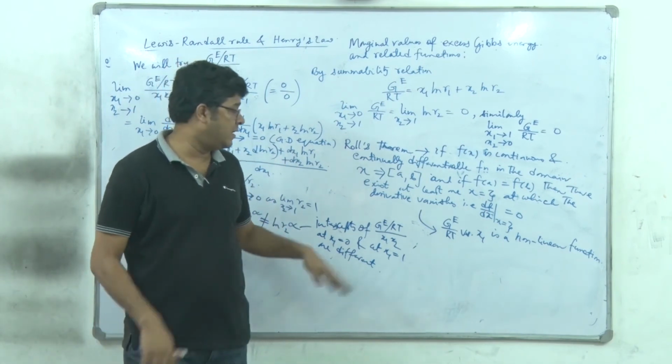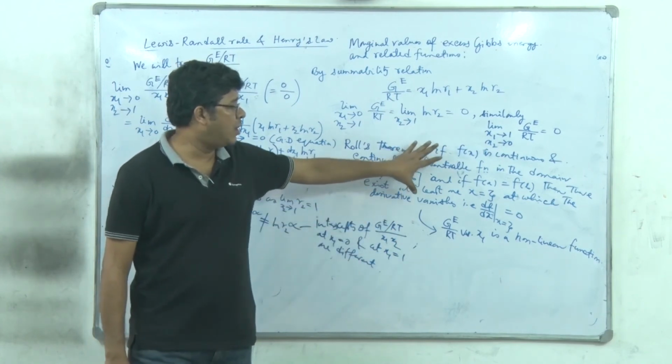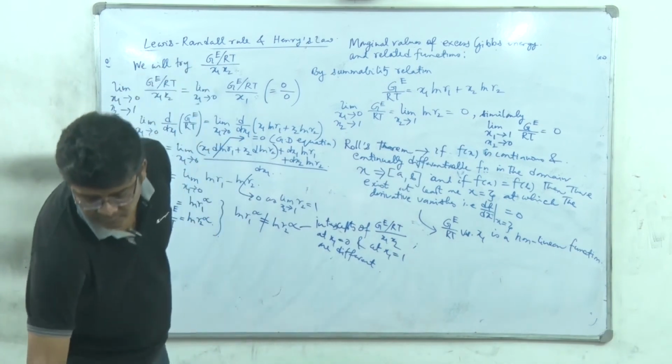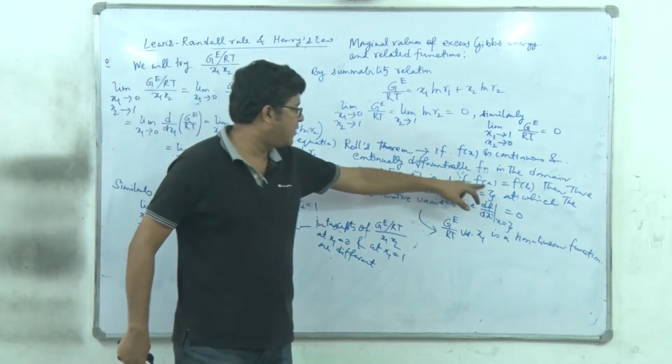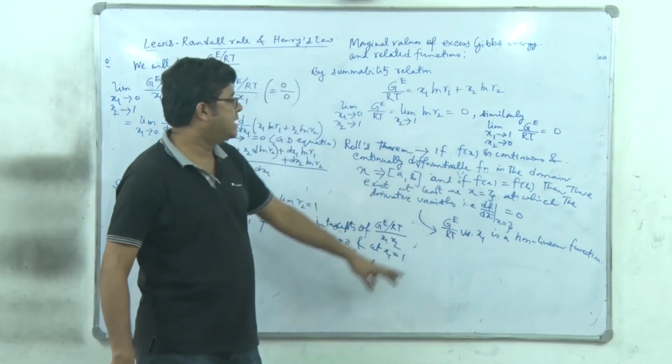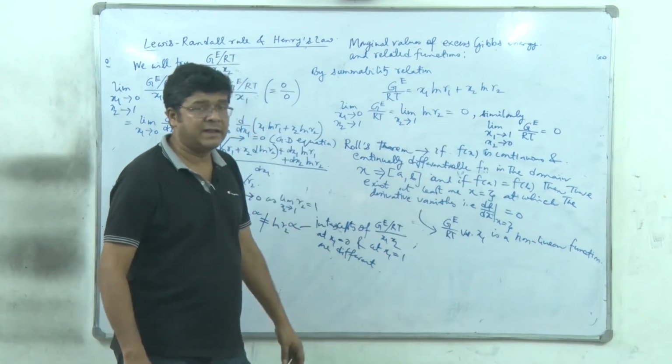At least we have here established mathematically the sufficient condition, which is consistent with Rolle's theorem. If this condition is violated, then we say that there may not exist any point where the derivative vanishes.